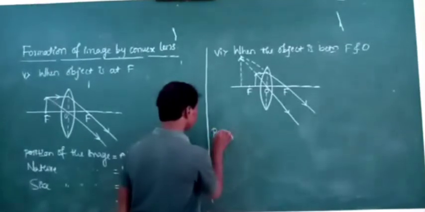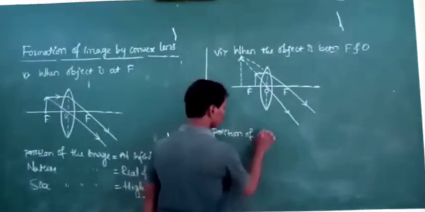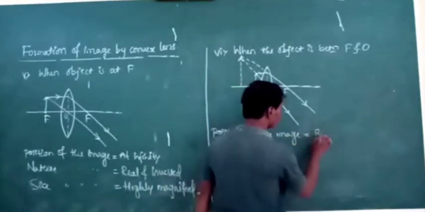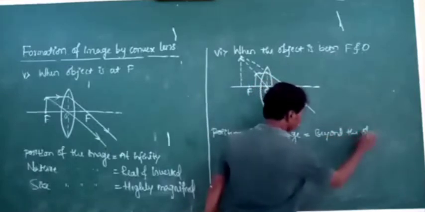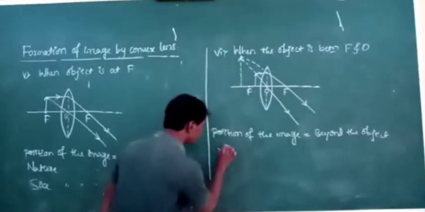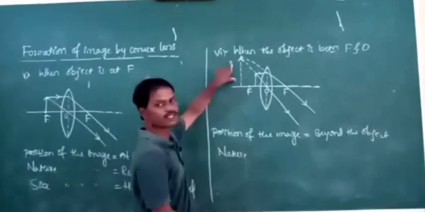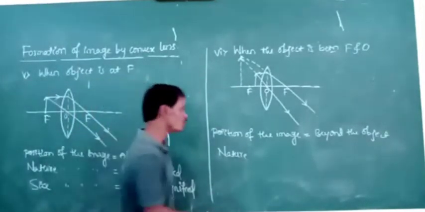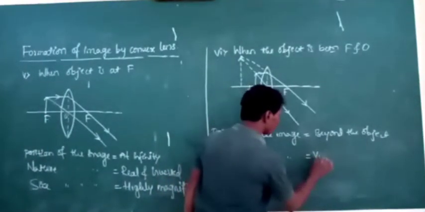Next, position of the image. The position of the image is beyond the object. Next, what is the nature? See here, we couldn't obtain this image on the screen. If we couldn't obtain the image on the screen, then it is said to be virtual. And it is erect.